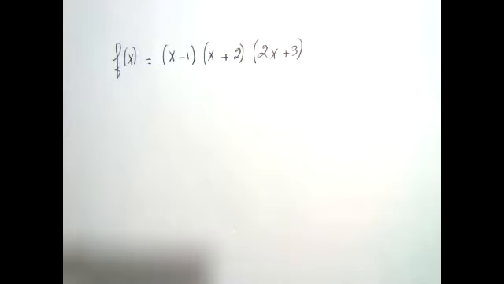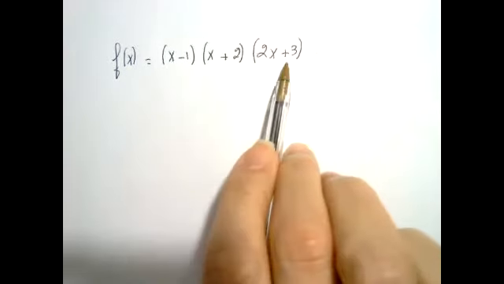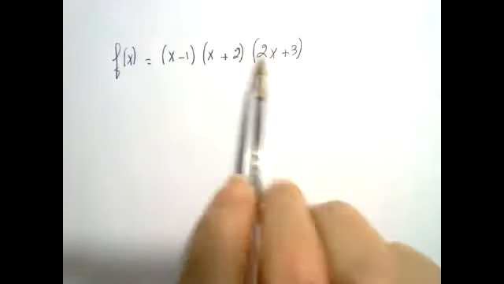Even though I'm talking about quadratics, is this a quadratic function? What can you say? No, because if you multiply out, you're going to have x times x times x, so you have x to the power 3. Definitely not quadratic. Okay, find the zeros. I'll give you a minute to do that.